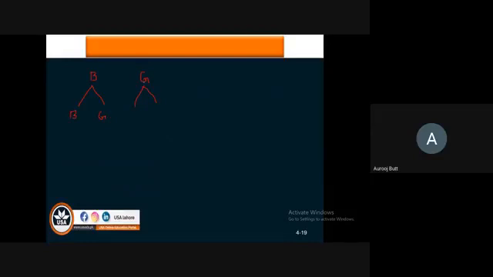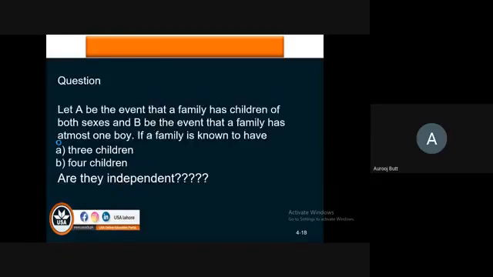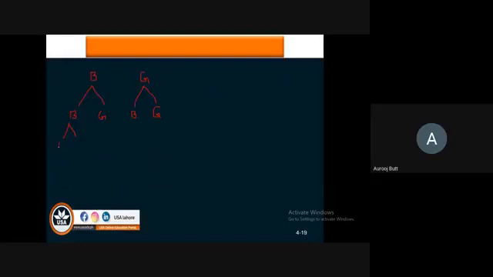If at first a girl appears, then for the second birth, either the baby boy can occur or a baby girl can occur. Then for the third baby, it can be again the 2 genders, either baby girl or a baby boy.